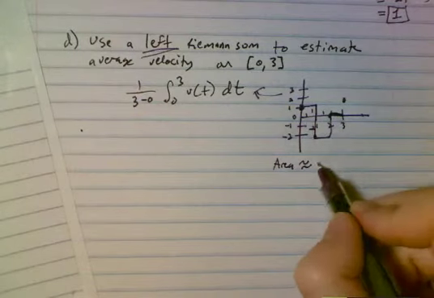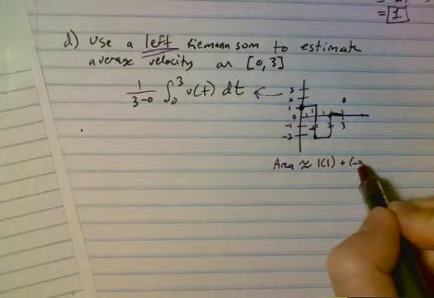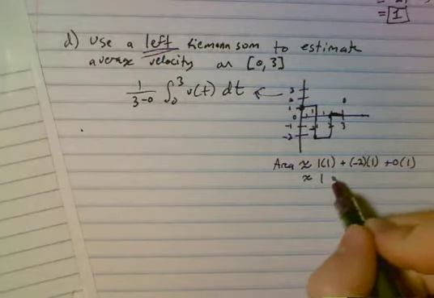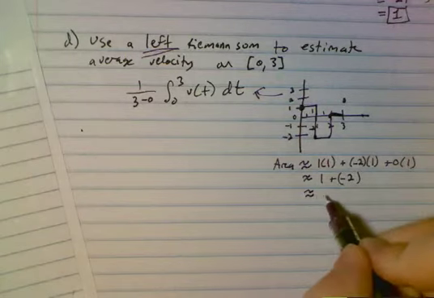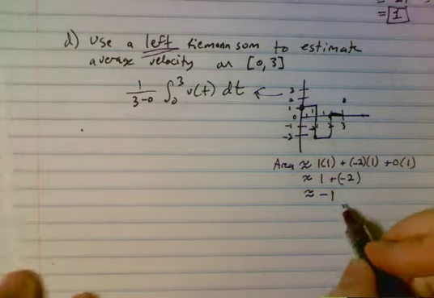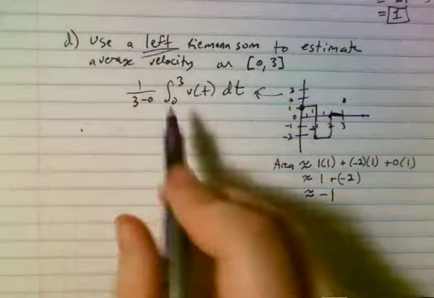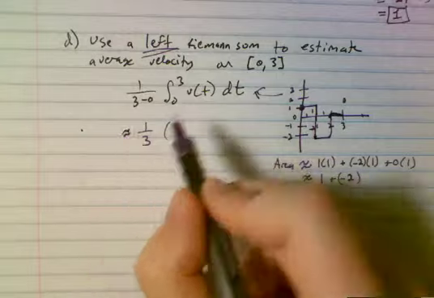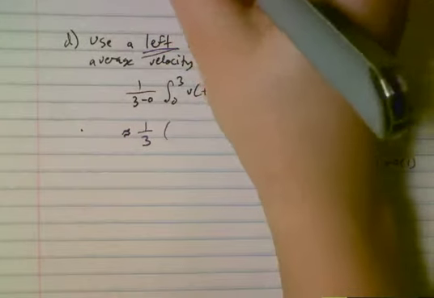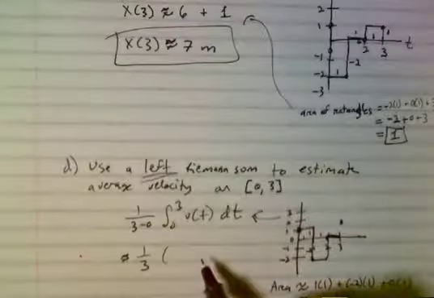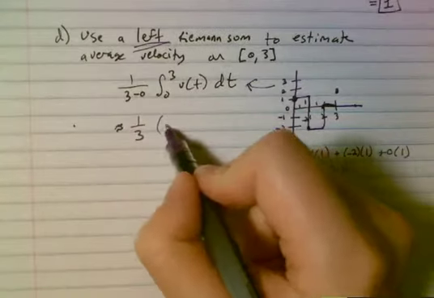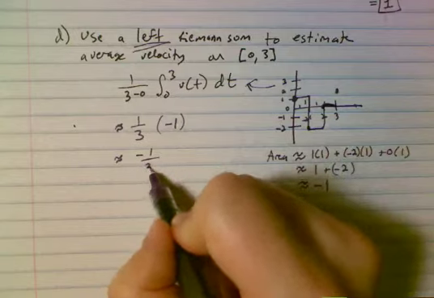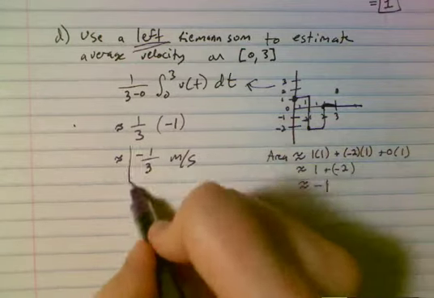So the area is approximately 1 by 1 plus -2 times 1 plus 0 times 1, 1 plus -2, -1. So that's that integral. Now remember, we've still got this 1/3. Actually, I should say approximately equals on all of them. So the average velocity is approximately -1/3 meters per second.